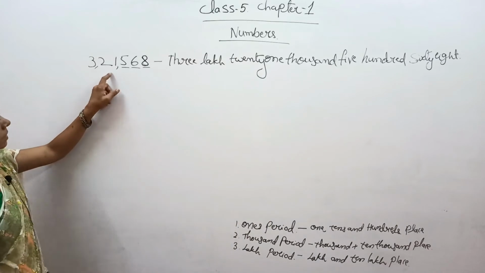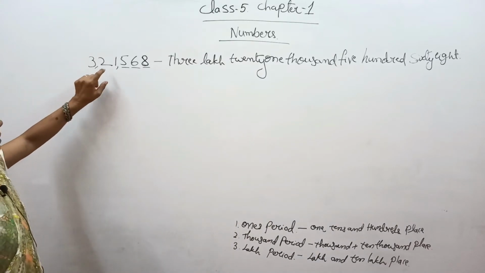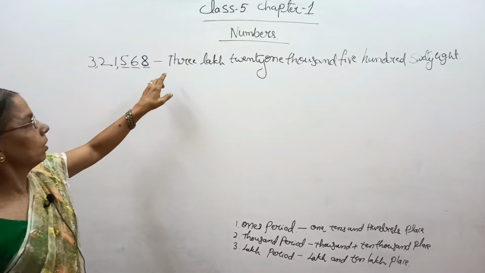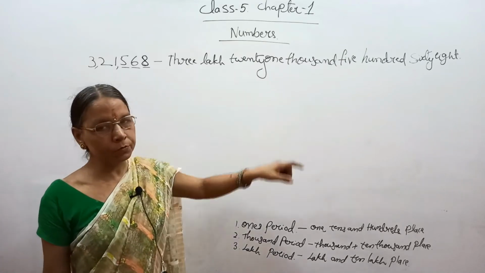By putting commas, we simply identify the place value of the numbers and can easily write them in words.